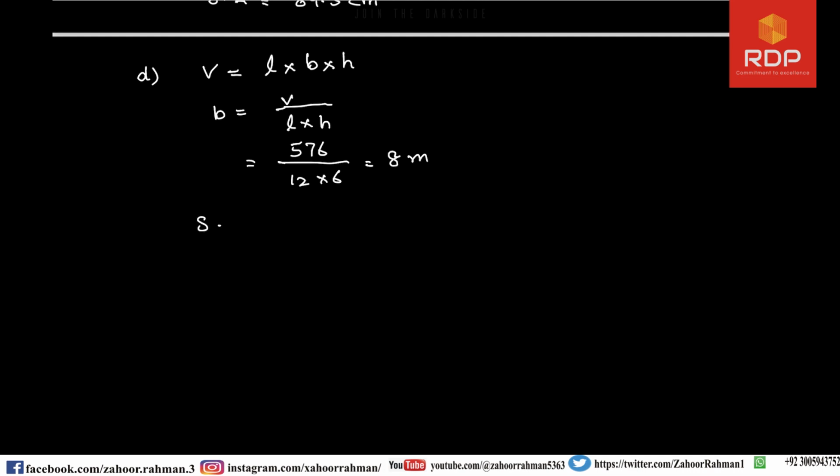Similarly, surface area will be equal to 2 into 12 multiplied by 8 plus 8 multiplied by 6 plus 6 multiplied by 12, and when calculated, it will give you 432 meter square.